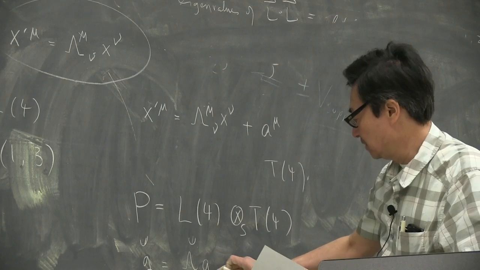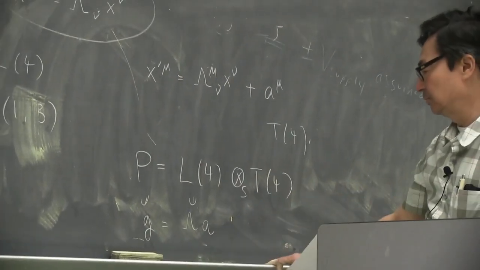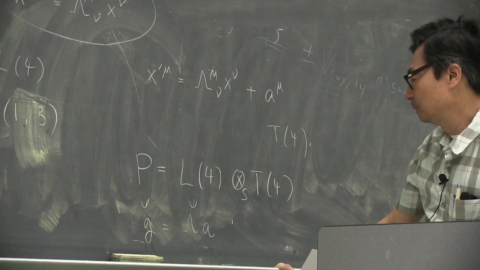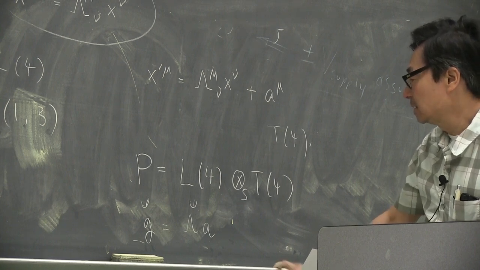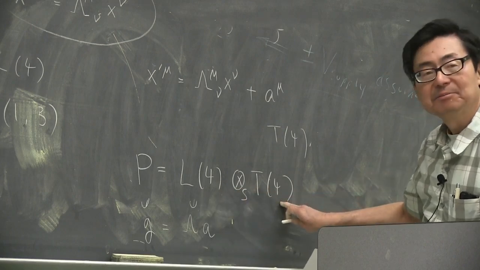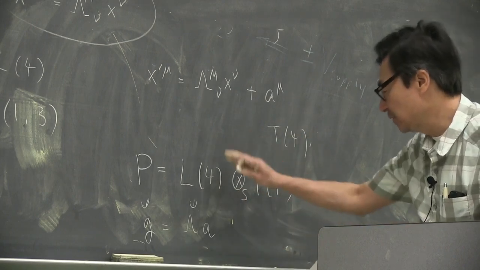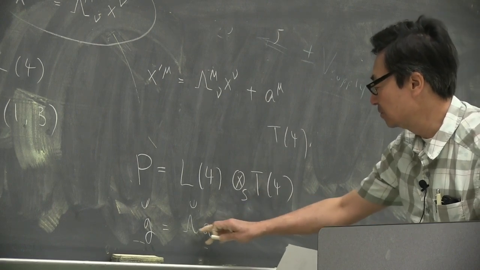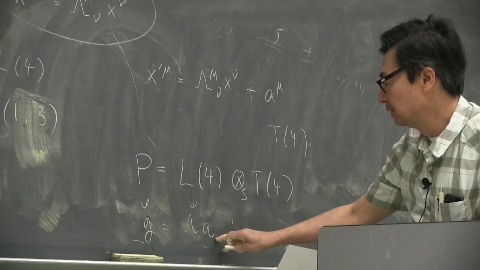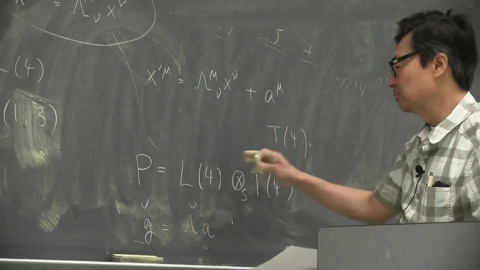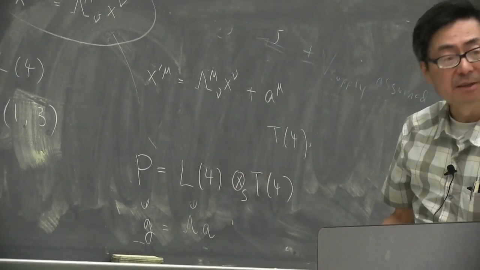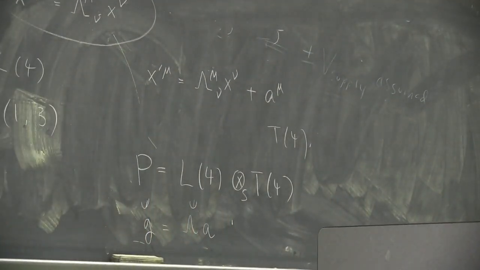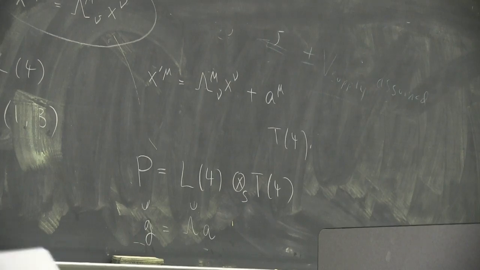And these are to be thought of as acting successively on a particular 4 vector. So these are 2 different groups, but when you form it together in this way, where a particular element is defined to be these 2 things operating in succession, it forms a bigger group that is called a Poincare group. So the Poincare group is a semi-direct product of the Lorentz group with the translation group.